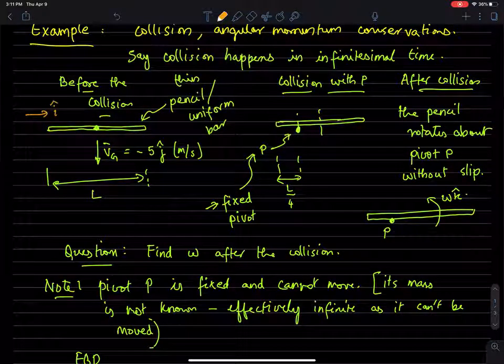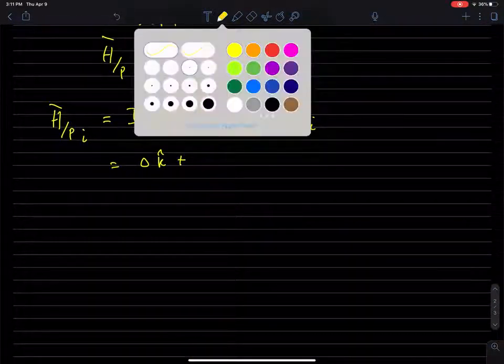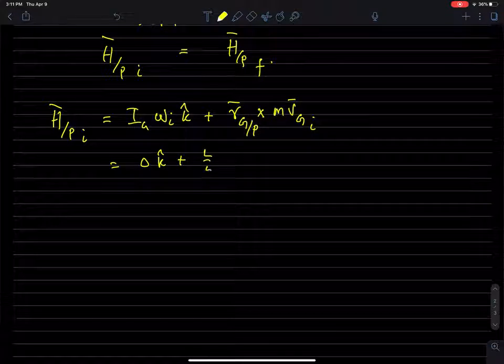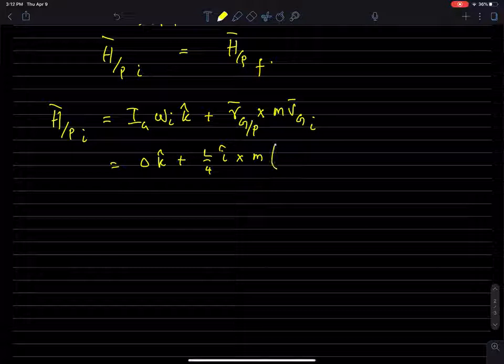So this is i, this is j. L by 4 i crossed with m. Let's just leave it as m. I've not given you what m is, but we will see that it will drop out of the calculations. vG, I think I said, was minus 4 meters per second.